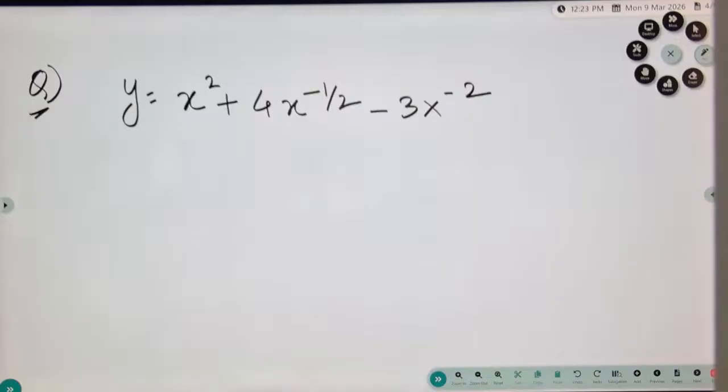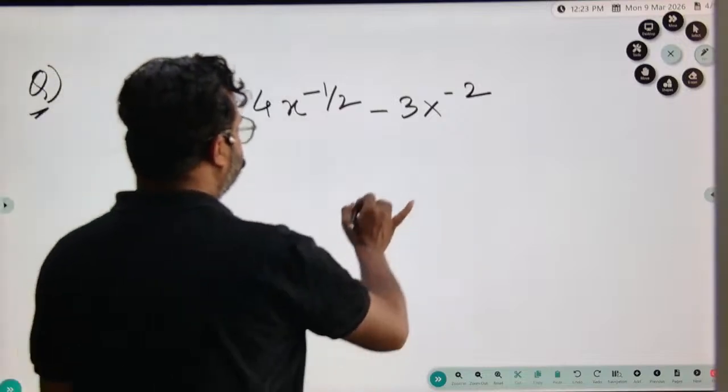The last one is minus 3 x raised to the power minus 2.